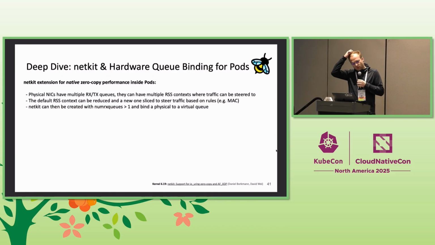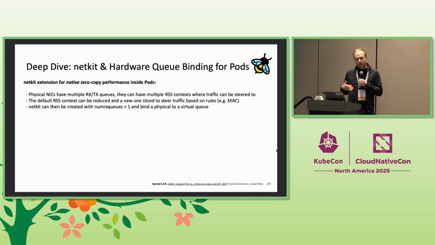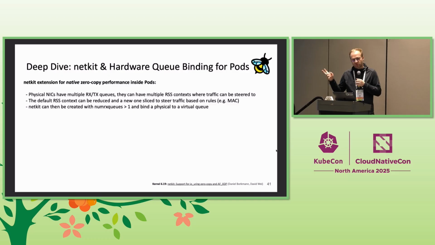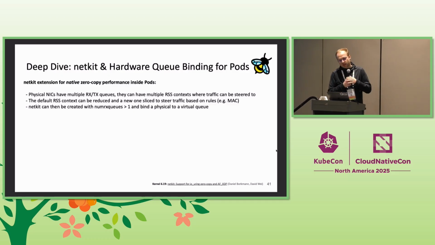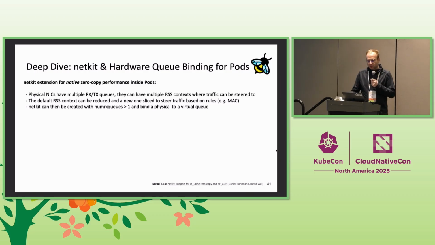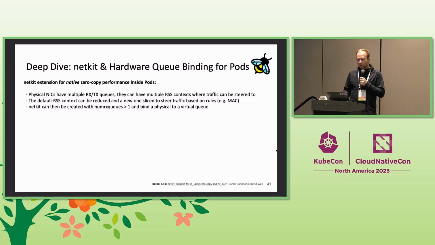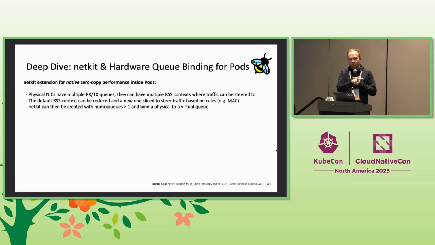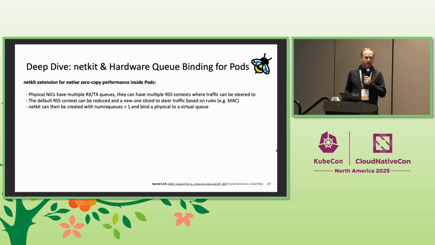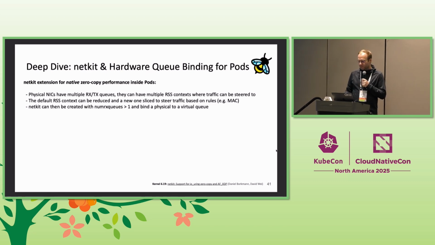And we then extended netkit to allow more than just one virtual queue. So you can, for example, create a netkit device which then has 64 queues, and those queues can then be bound or peered to a physical NIC queue.